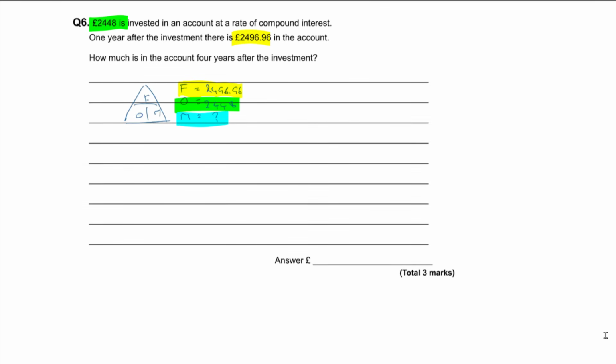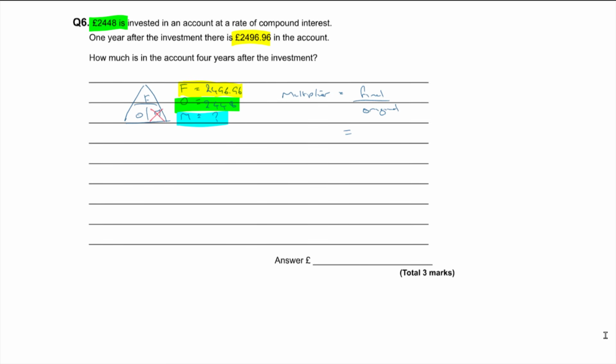Final, original, multiplier. So the first thing we're trying to find here is m, the multiplier. We want to work out what the annual interest rate is, and then we can do the compound interest afterwards. So the multiplier is equal to the final divided by the original.